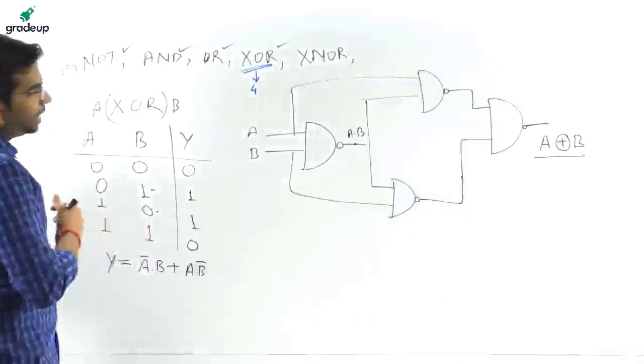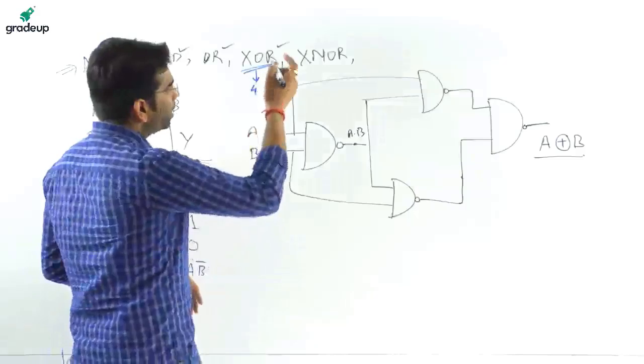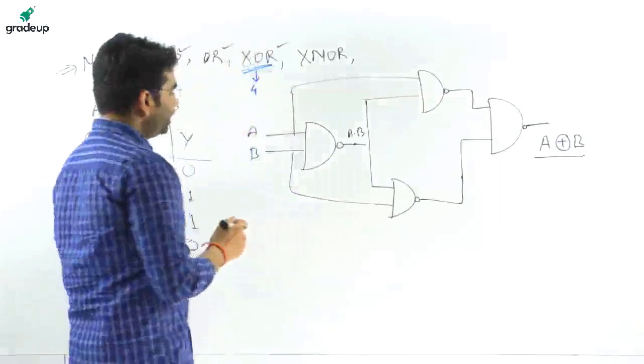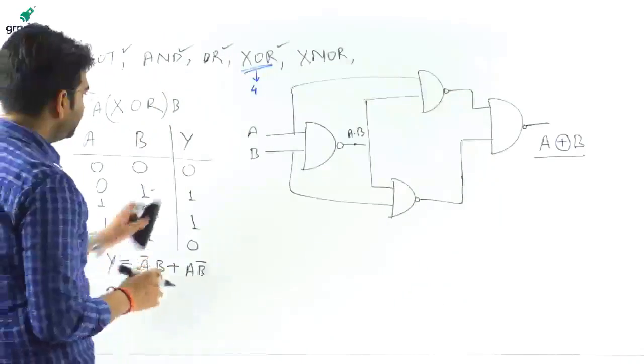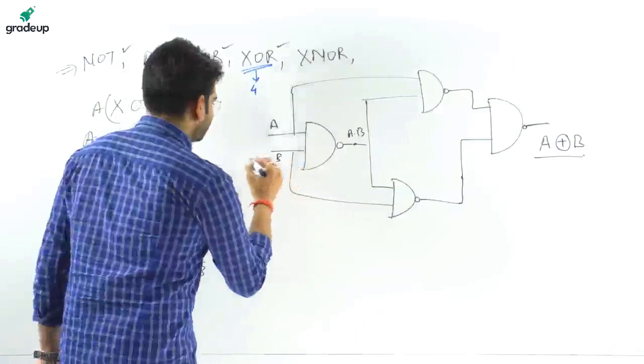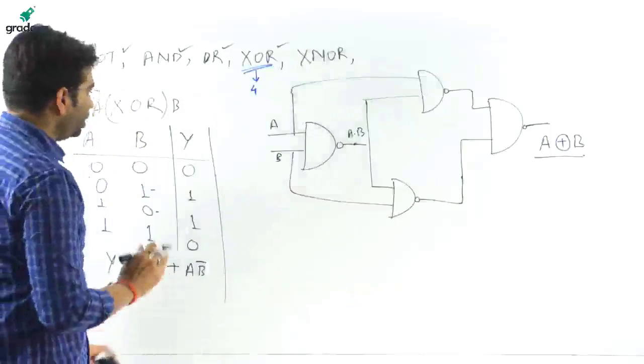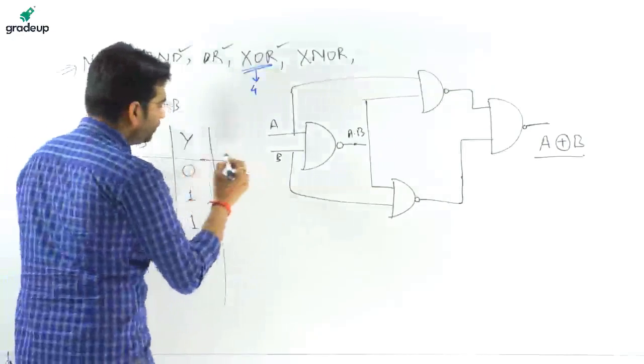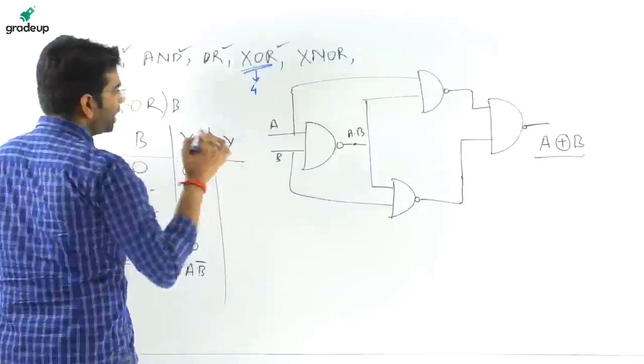A XOR B. Now, if we have to make an XNOR gate, I would just like to extend XNOR here only, so as to make you all relate what is the difference between XOR and XNOR.